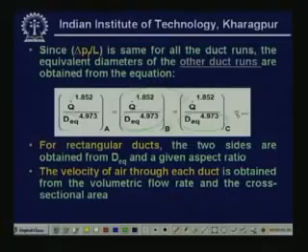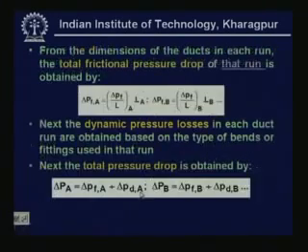The velocity of air through each duct is obtained from the volumetric flow rate and the cross sectional area. Now, from the dimensions of the ducts in each run, the total frictional pressure drop of that run is obtained by this equation.